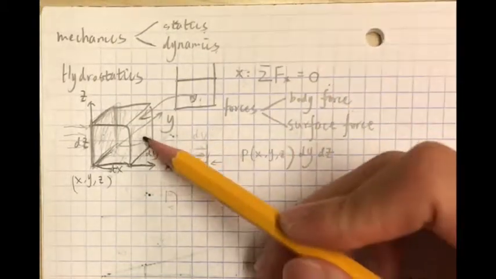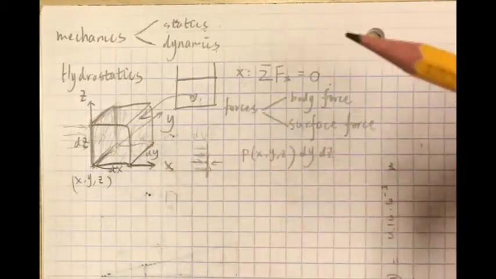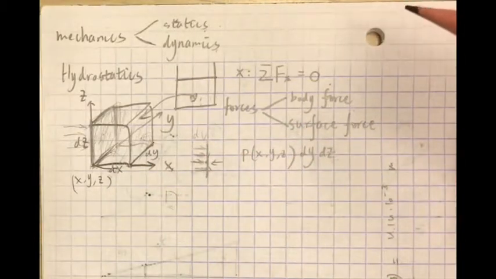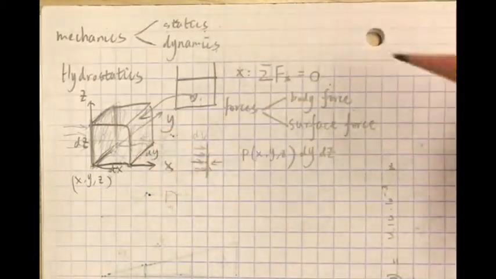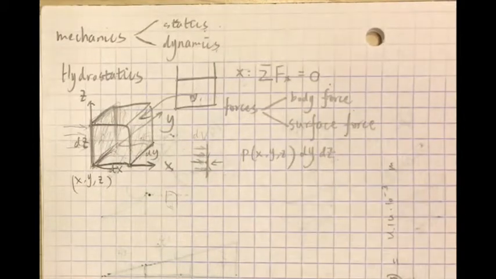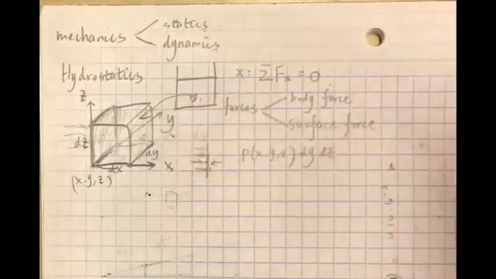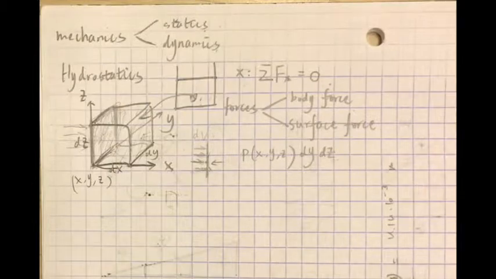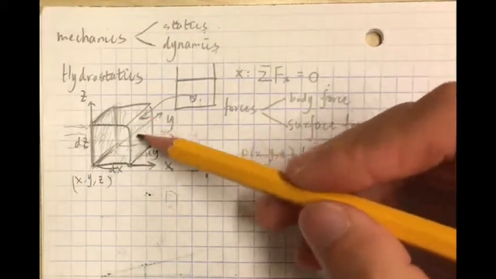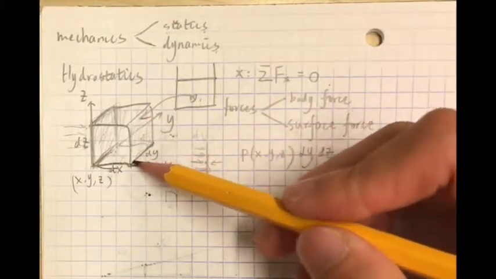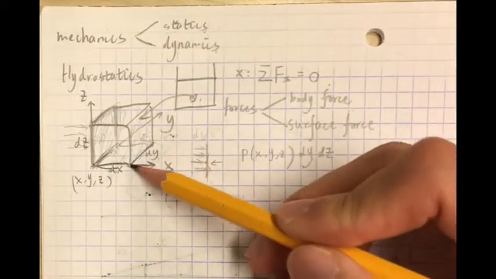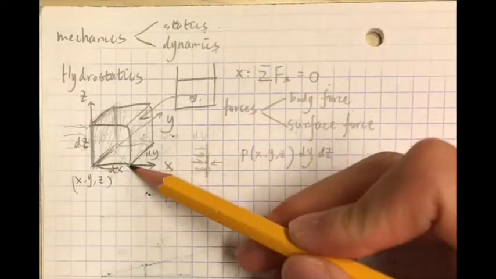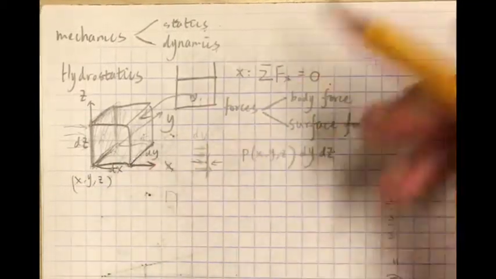Okay, so on the right side, for the same reasoning, we can also choose a representative pressure and times the whole area to get the total force acting on the right side resulting from pressure. We can choose an arbitrary point on this side to be our representative. Let's say this point, x plus dx, y, z.